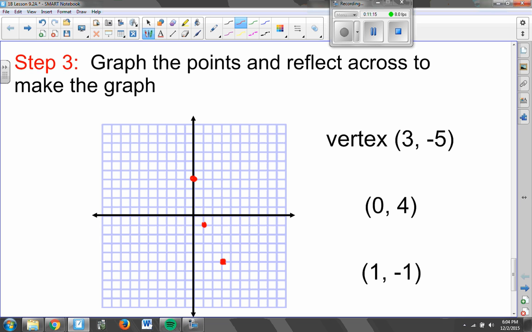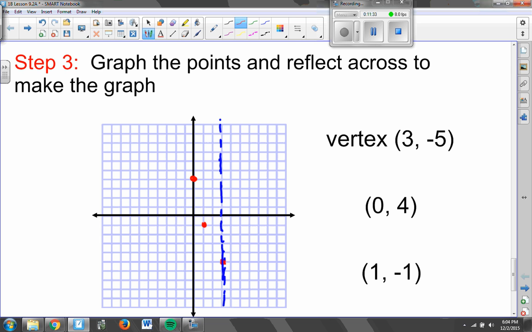Okay. Now, when I say reflect across to finish our graph, here's what I mean. This point at the bottom right here, that is my vertex, right? So I know that through my vertex there is a straight up and down line of symmetry right there.